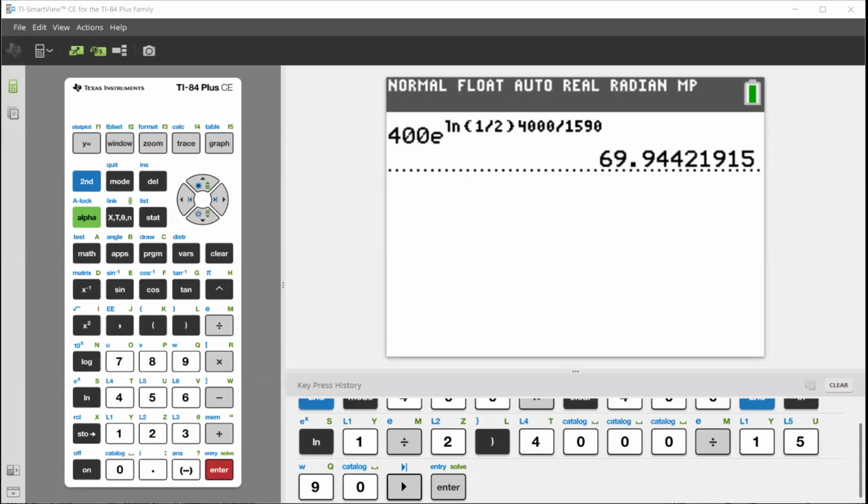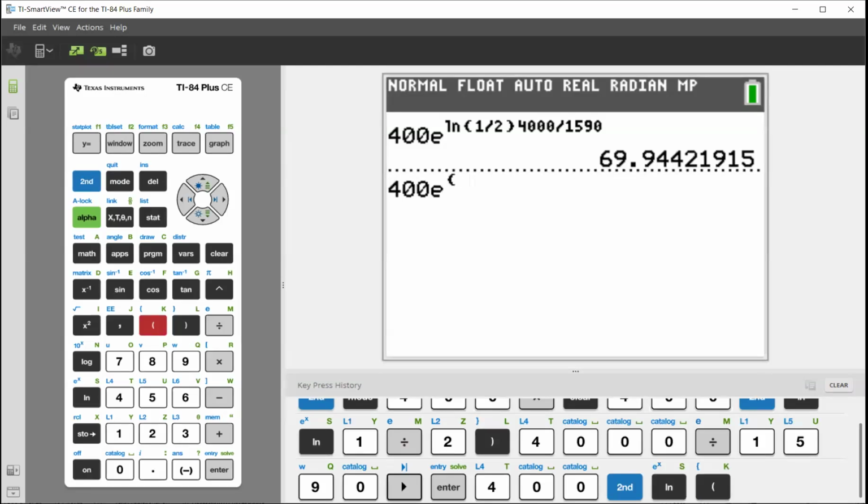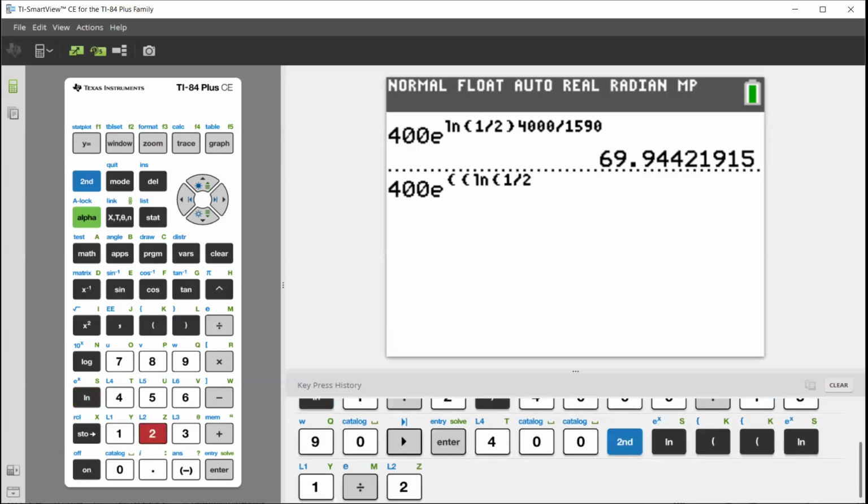I like to play with the calculator and the parentheses. Correctly using parentheses indicates you are really clear about the structure of the expression. For example, I can do this: 400 e to the power, and I can use this parenthesis to frame the whole exponent. I know my exponent is a quotient, so I start another parenthesis to frame the numerator, which is ln half times 4,000.